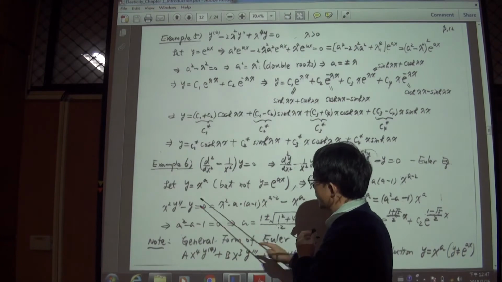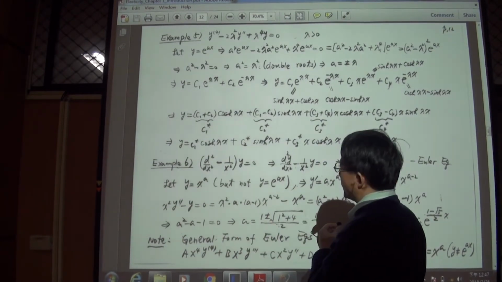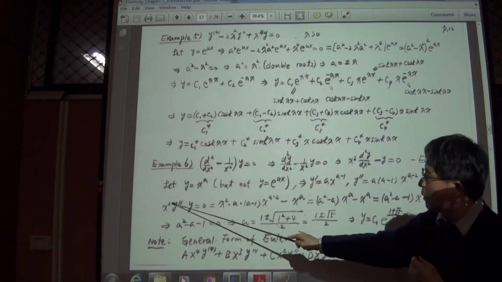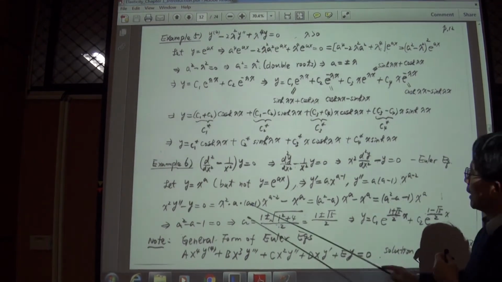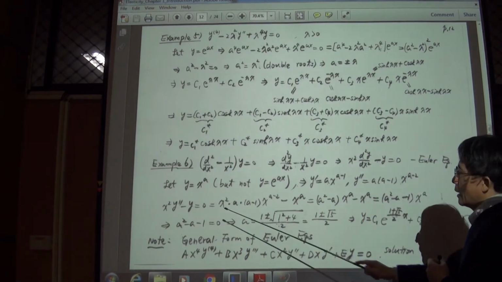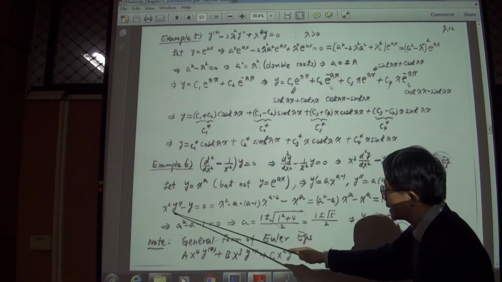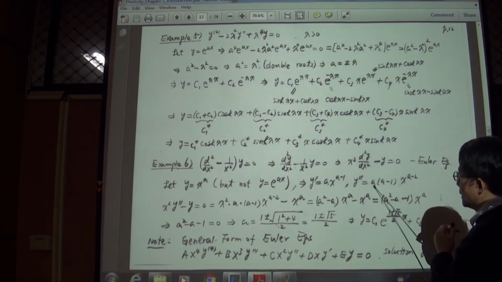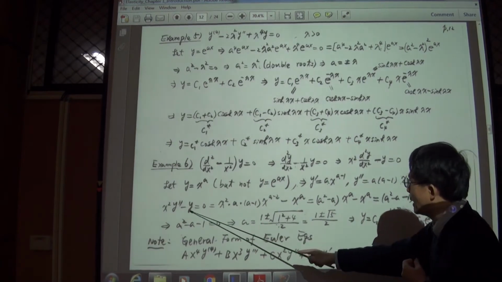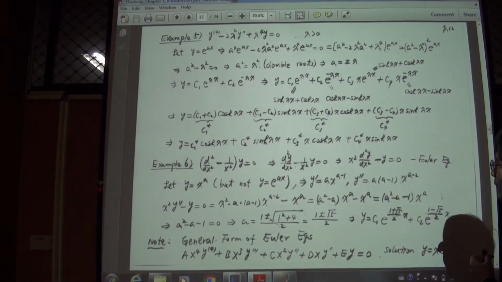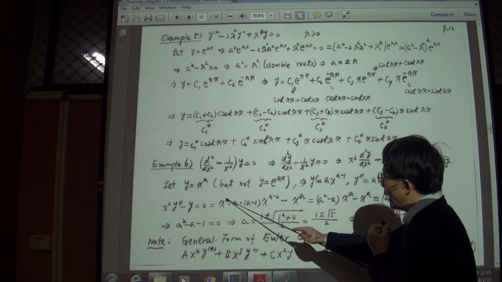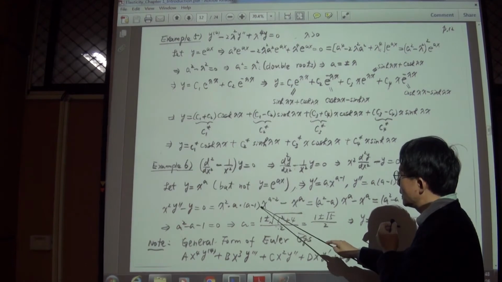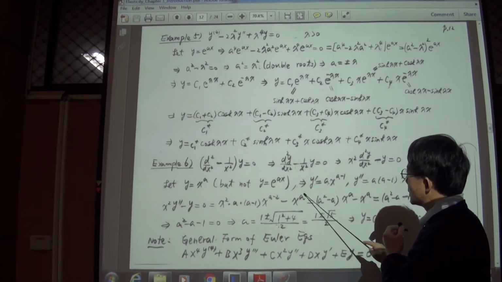Here, x squared y double prime is this one, minus y is this one, which have been calculated here. Then x squared times x^(a-2) is x^a, so this term is the same as this term.